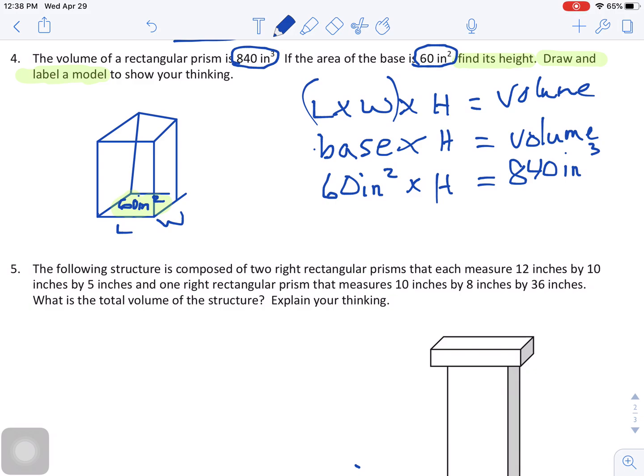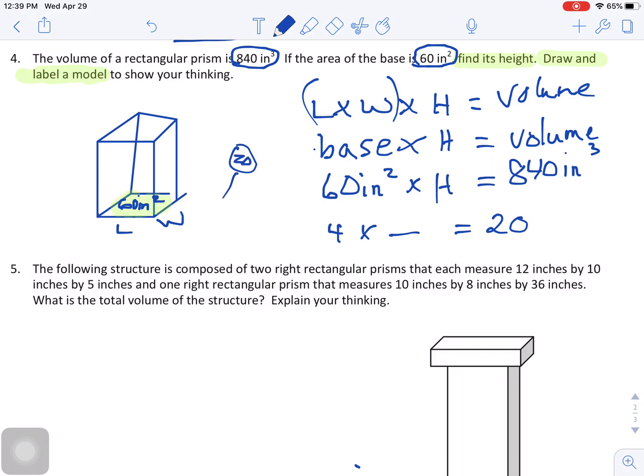Well, a lot of times when I see a big problem like that, I think of a little problem, and I'm just going to write an example out. So for example, if I had something like 4 times blank equals 20, you all could easily solve that because we think of a number bond, right?